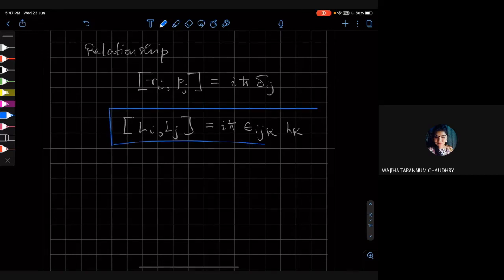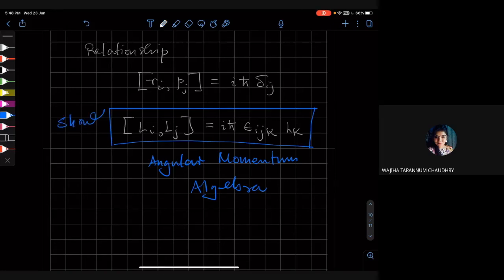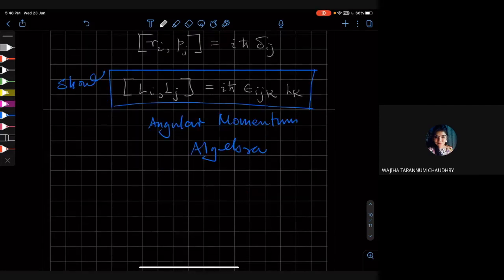Okay, this is a very important relationship. It's called the angular momentum algebra. And it's a Lie algebra. Okay, so you will need a little bit of technical stuff. Let me just give you some hints.